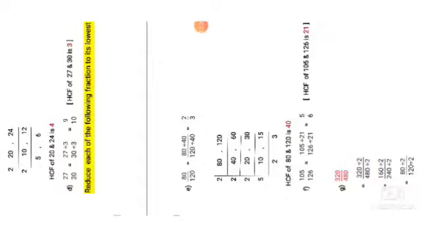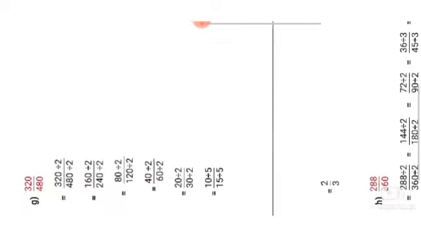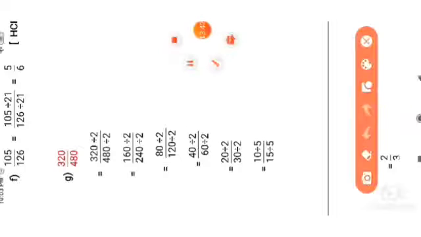In this sum I will show you some different method, some different steps, in question number G. Question number G you can do in a different way. Whichever is easier for you, you can follow that method only, but I am going to show you both methods by which you can reduce the following fraction or find the simplest form.